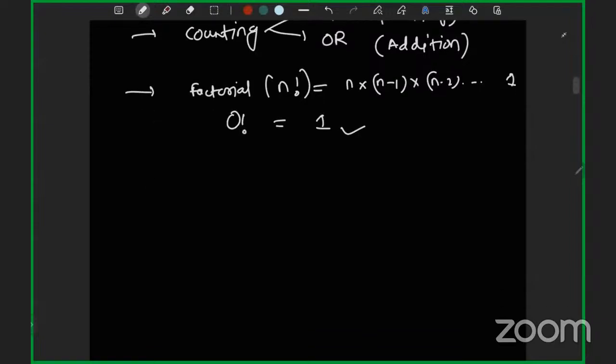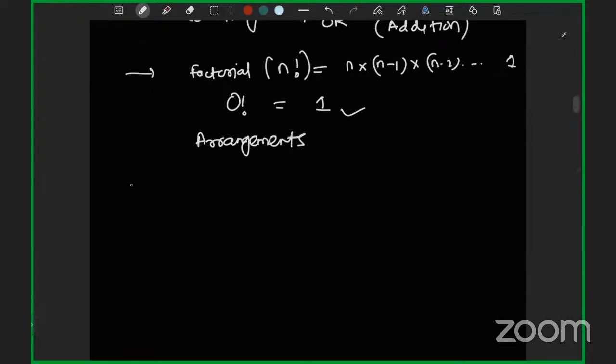So actually, what does this factorial mean? Factorial means arrangement. Okay? Arrangements. So whenever a question is about arrangement, then you should know that you have to use factorial. One application of that is permutation.